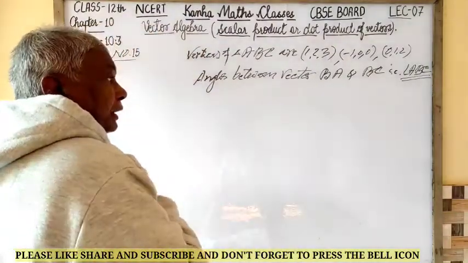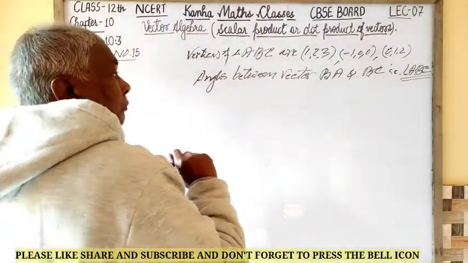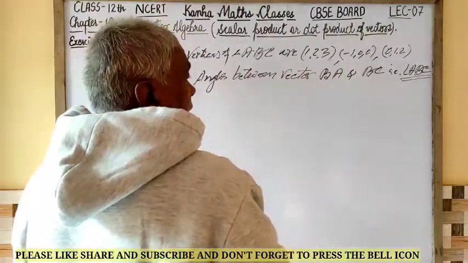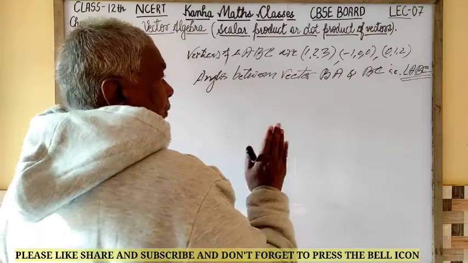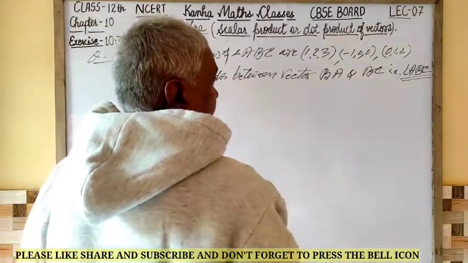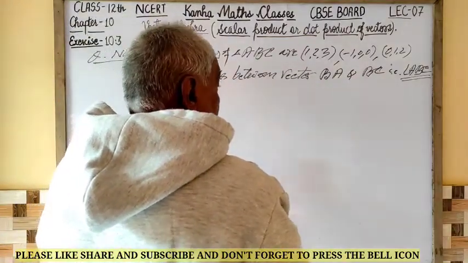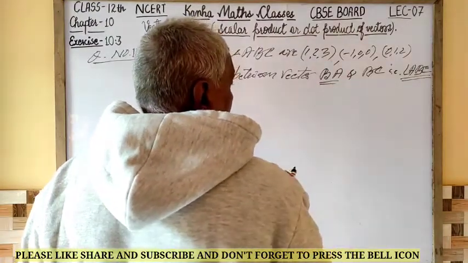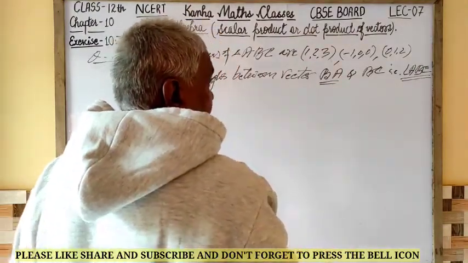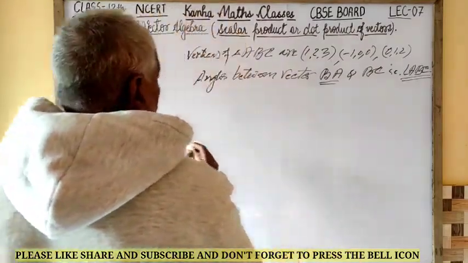You know already, before finding the angle between the vector BA and BC, we must find out the dot product of BA and BC. And before this, we will find out the vector BA, means position vector of BA.